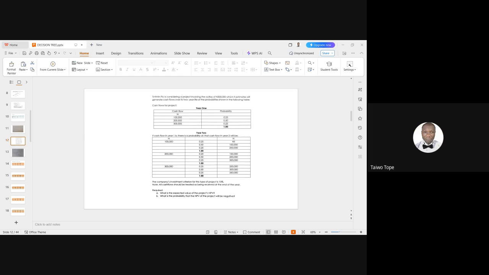So based on this question on the screen, what is the expected value of the project NPV? You can see how these topics can be interrelated. We are talking about risk and uncertainty, and they are bringing net present value into it again. They're talking about decision tree, and they are bringing NPV.